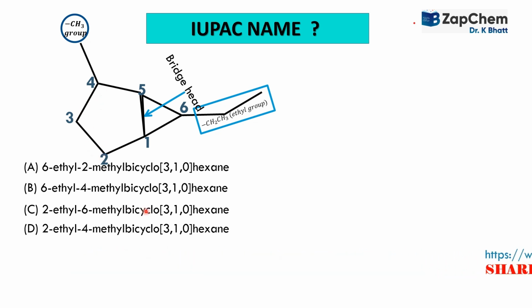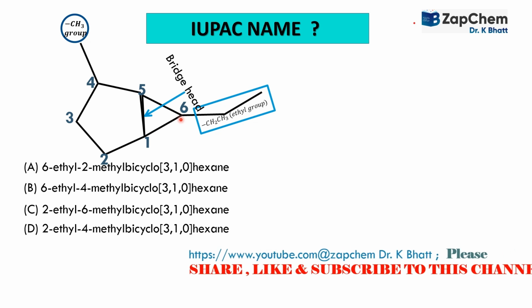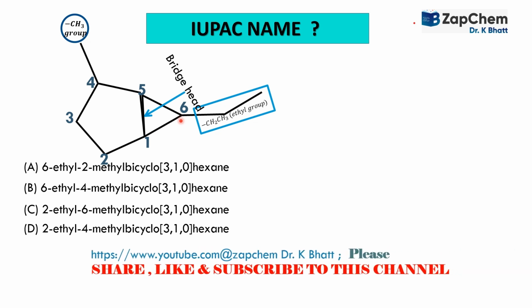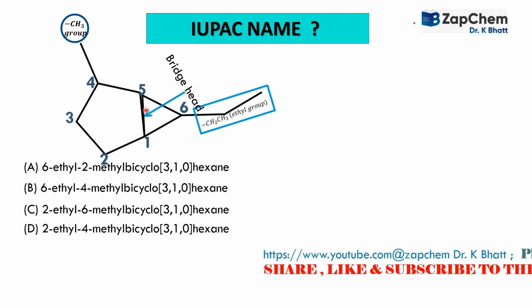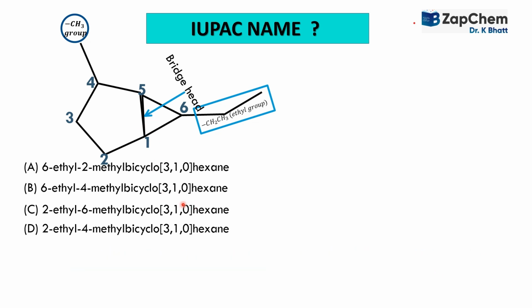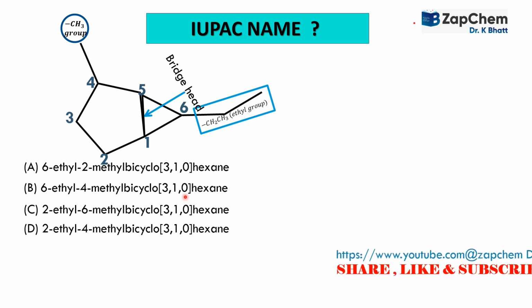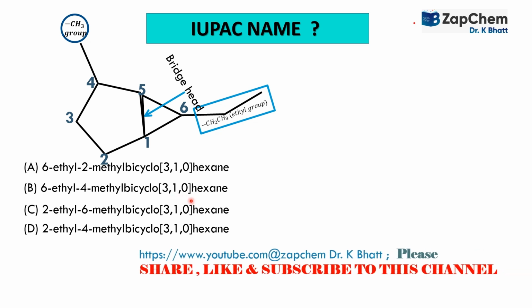So we represent it as 3, then a comma, and 1 carbon atom on the smaller ring, that is C6. So we write 1. And in the bridgehead, we do not find any extra carbon, and therefore we write 0. So it is 3.1.0 within the brackets.